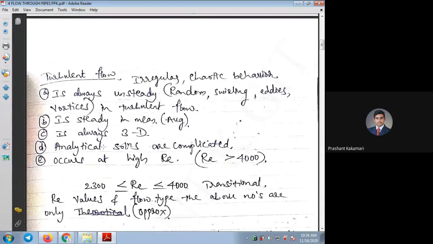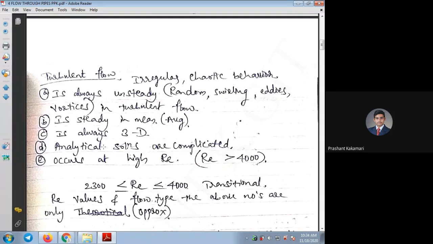Eddies and vortices mean that at a given point there are small rotations of the particles themselves. It may rotate about the axis, or about a given point, or there may be sudden random mixing of the fluids, creating chaotic situations. Suddenly molecules come in contact with the surface and with the fluid particles. So we cannot predict how this flow is going to take place.